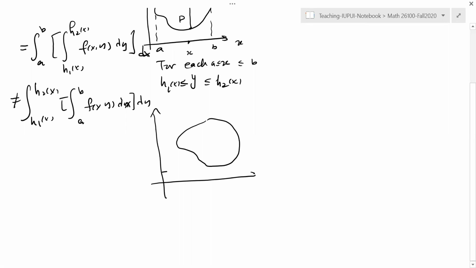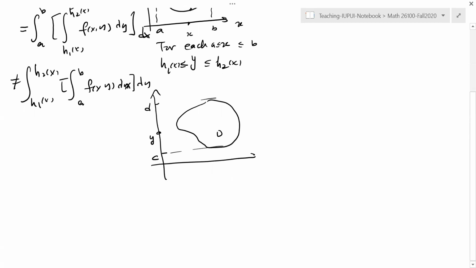Now we want to exchange the order. You still use the same D, and this is c and that's d, the bounds for y. You take an arbitrary point y, and then you have the integral from c to d, dy.